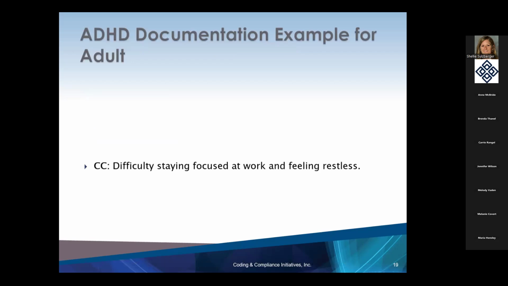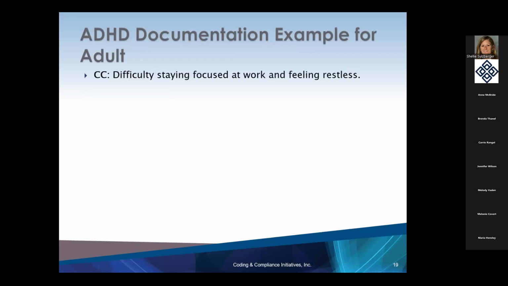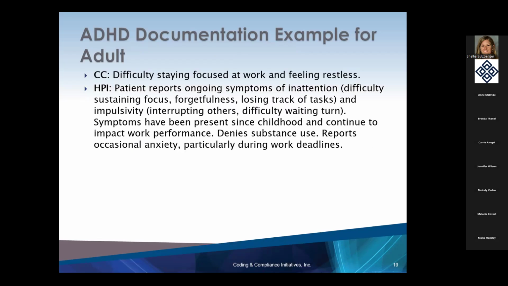So let's look at an example for an adult. So chief complaint, difficulty staying focused at work and feeling restless. So the HPI, again, remember, is the patient's story. So they're having difficulty staying focused. They have ongoing symptoms of inattention, forgetfulness, impulsivity, so difficulty waiting their turn, interrupting people.